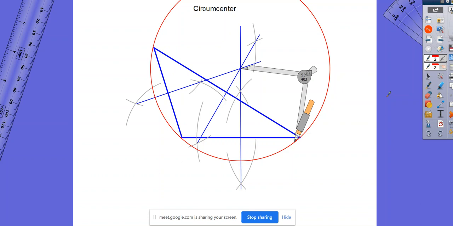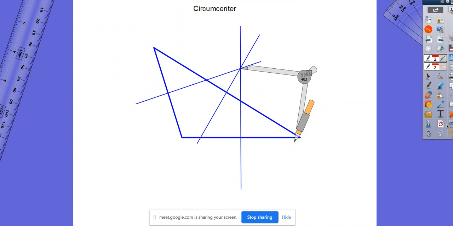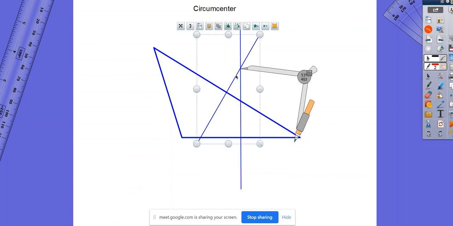And to create the circumcenter, you have to find where all of the perpendicular bisectors intersect. Could you repeat that? Sure. The circumcenter is equidistant from all of the vertices of a triangle, and the circumcenter is created by finding the point of concurrency of all of the perpendicular bisectors.